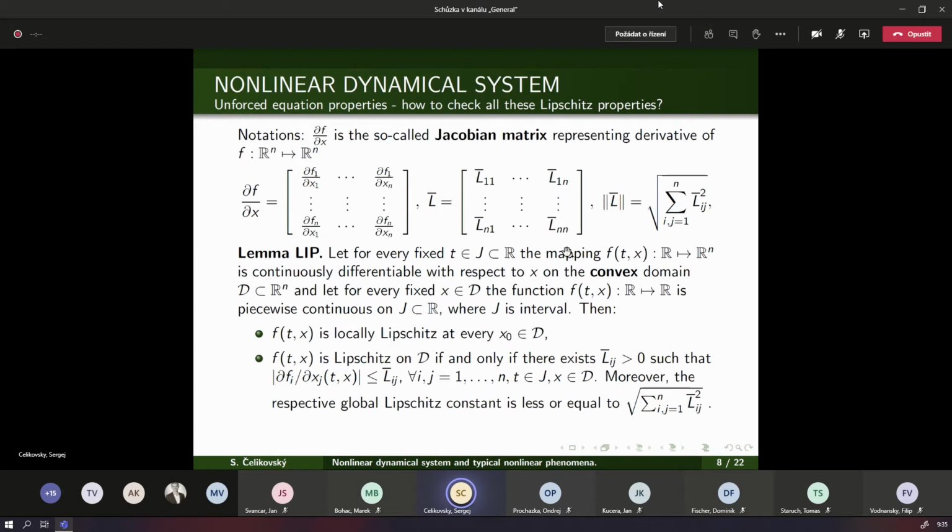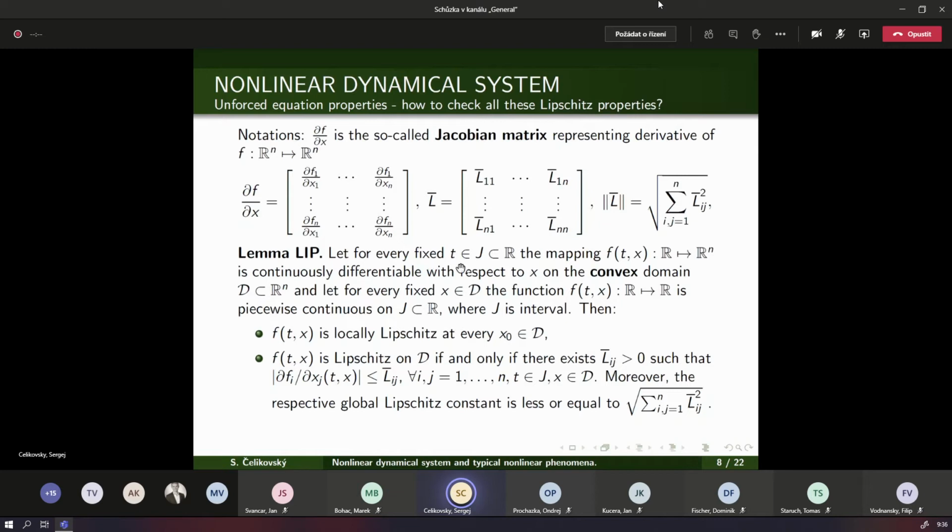And this notation will be used later. So why do you need this notation? We would like to have this very simple lemma, called lemma lib, like Lipschitz, on how to study the Lipschitz property of f through these notations.